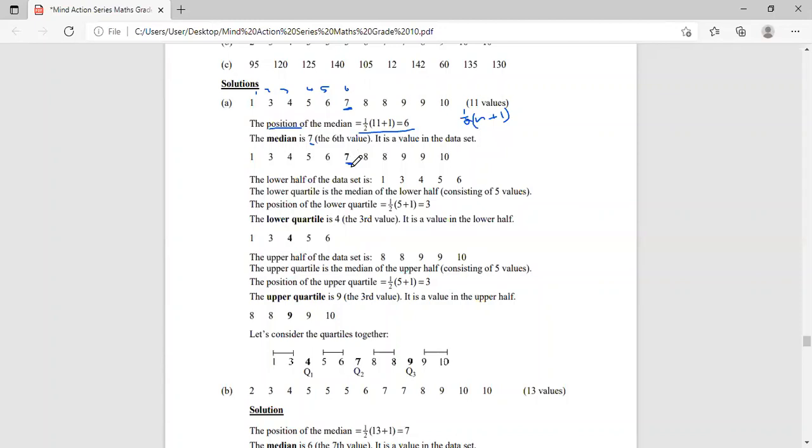Q1, it's here. We exclude this one now. So these are the values you are dealing with. This is the lower quartile. So from here, you can see the middle term of this quarter.